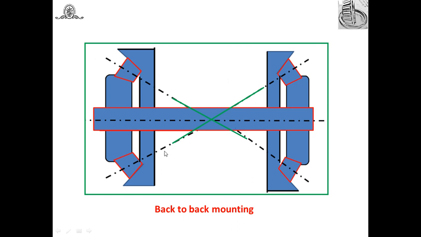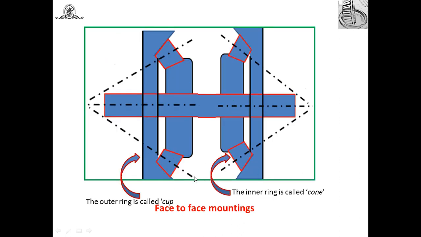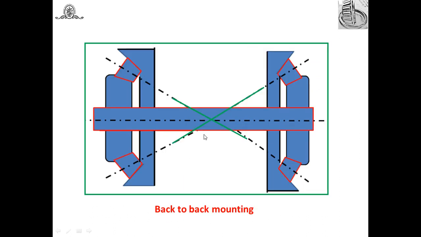That arrangement is back-to-back, where the axes of the rolling elements meet at an apex point on the axis in between these two bearings. Try to understand. This is back-to-back mounting. These are the two arrangements of mounting of the bearings. So while selecting the bearing, you have to take care of this mounting, whether it is face-to-face mounting or back-to-back mounting.